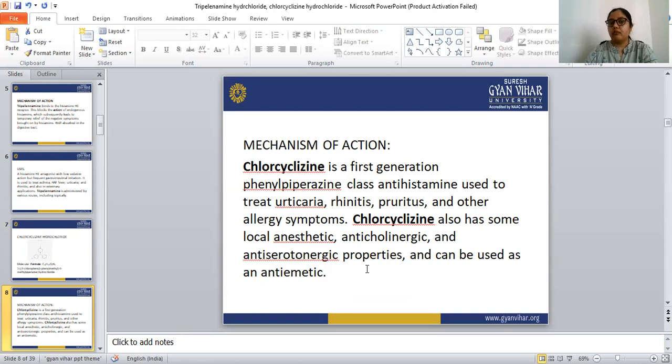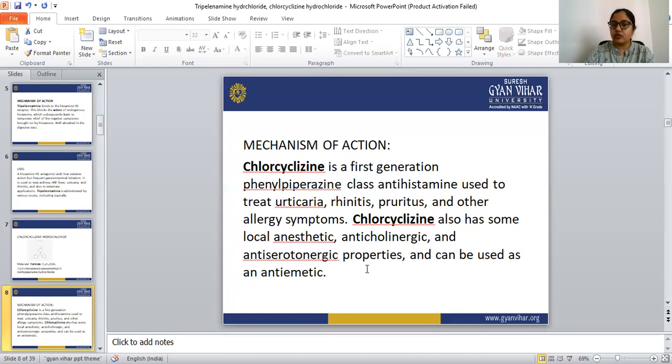So we are talking about the mechanism of action. Chlorcyclizine acts on the H1 receptor and blocks the action of histamine. That's why it has antihistaminic property, and it is used to treat urticaria, rhinitis, pruritus, and other allergic symptoms.